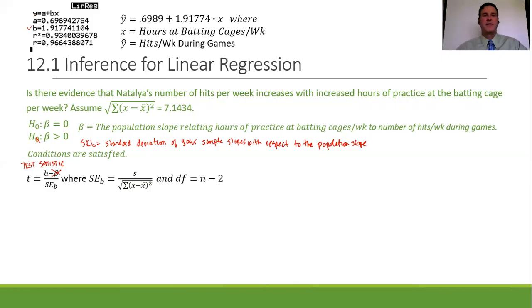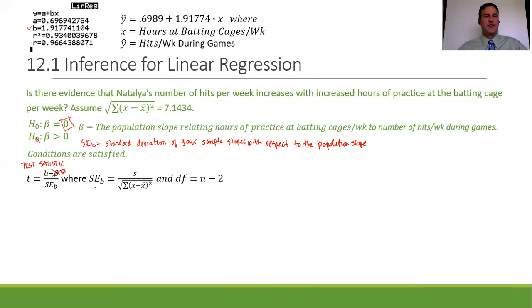So again, how far on average your sample slopes are from your population slope. Most of the time this will be 0. That's the only reason I'm crossing this out. It's not that it shouldn't be there, it's just that usually it is 0. Whatever's there goes in this position.